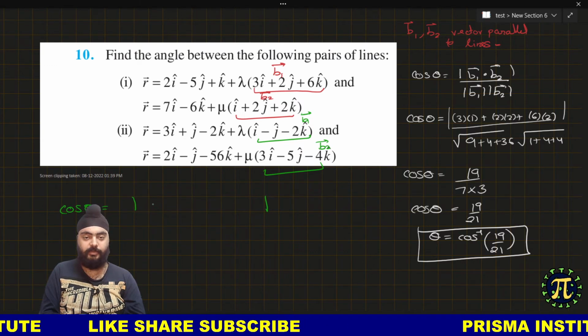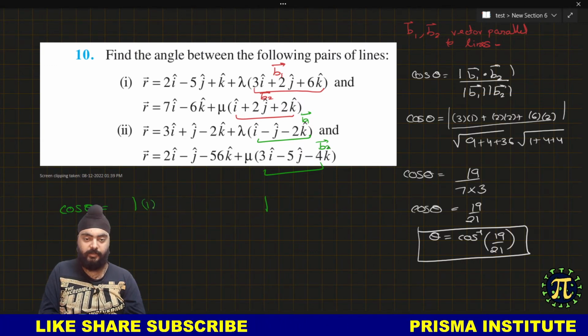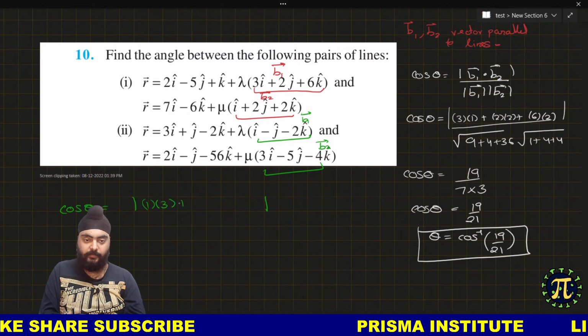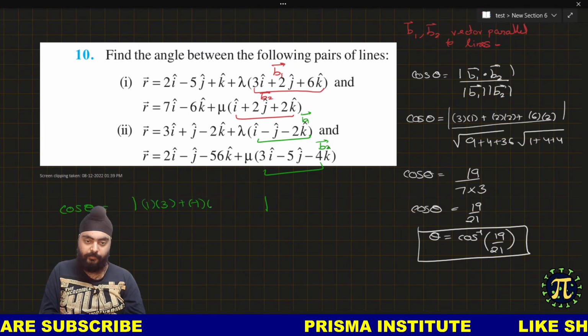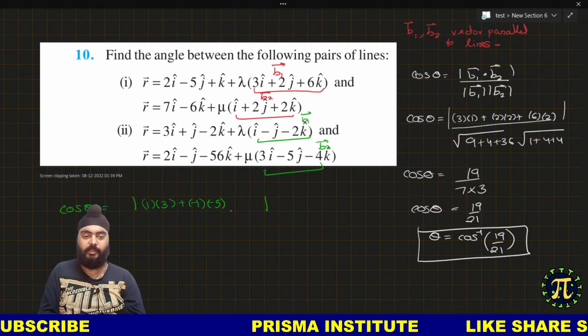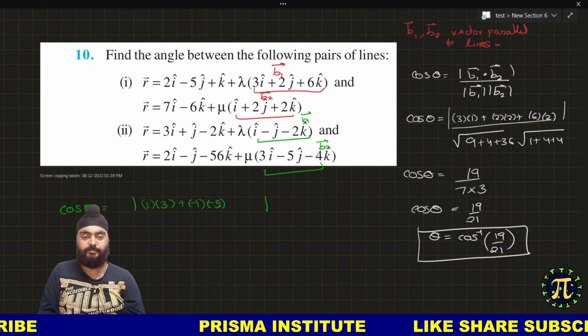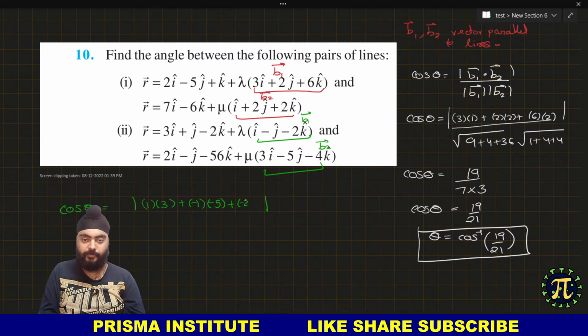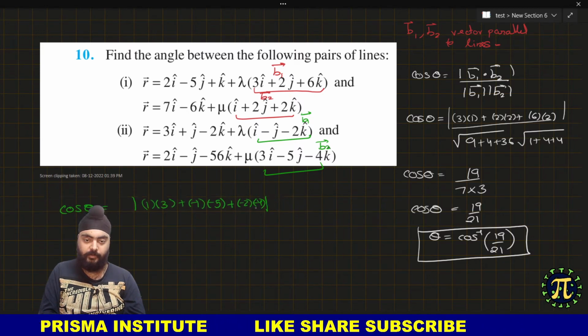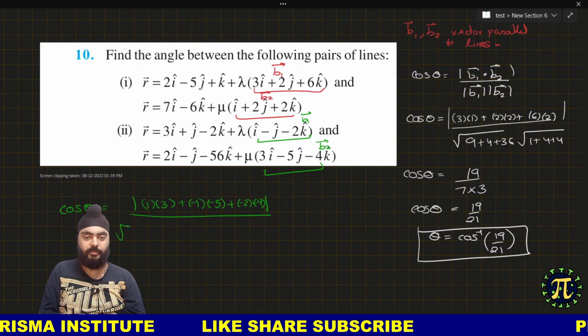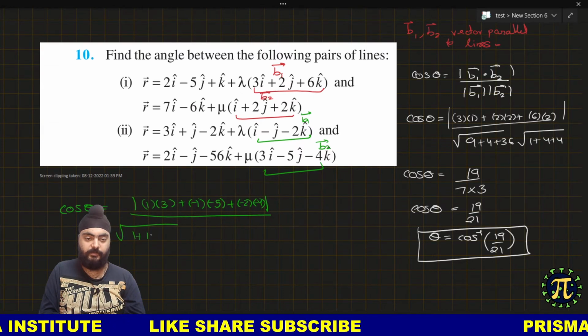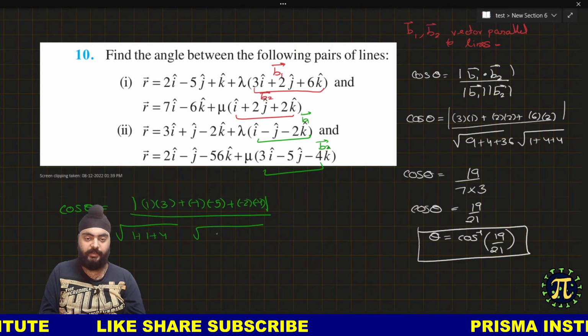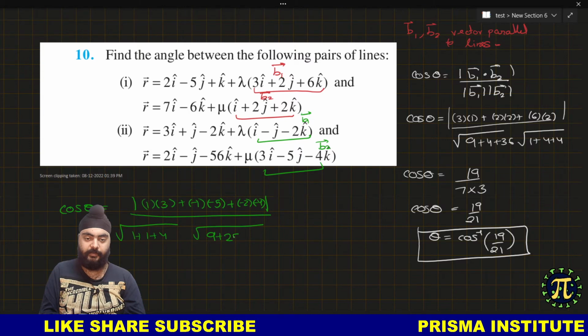modulus of b1 dot b2, which is 1 into 3 प्लस में -1 इंटू -5, ax bx ay by plus az bz which is -2 into -4 divided by modulus of the first vector which is 1 plus 1 plus 4 and modulus of the second vector which is 9 plus 25 plus 16.